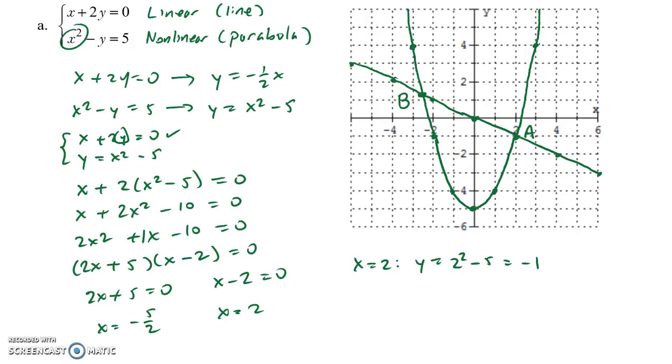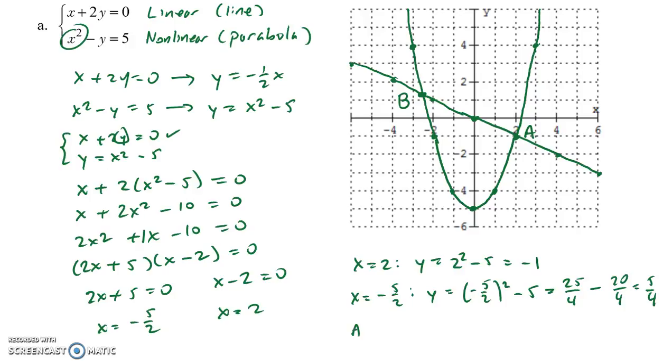If we substitute in x equals negative 5/2, we obtain y equals negative 5/2 squared minus 5. That would be 25/4, and I'm going to write 5 as 20/4, and subtracting we get 5/4.